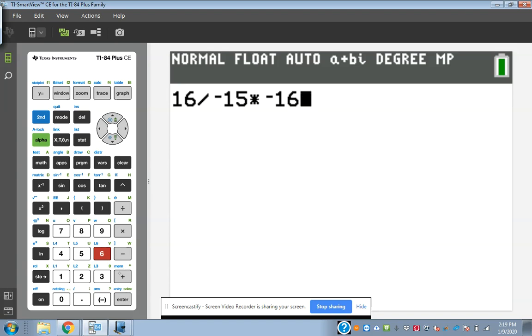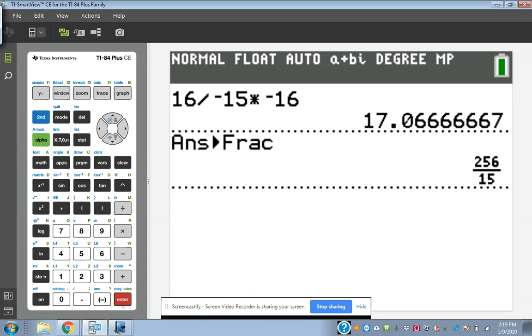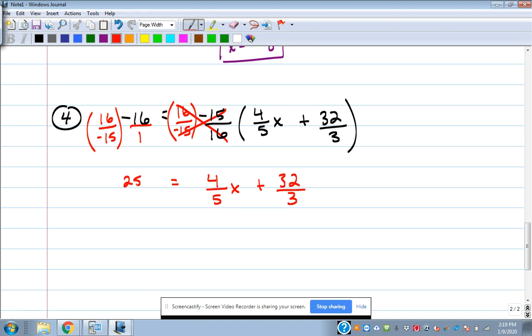That 16 divided by negative 15 was the fraction that I'm multiplying by, and I'm multiplying that times negative 16. And it gives me this decimal answer back. Then to change that into a fraction, I hit math, enter, enter. Okay, and that's 256 over 15. And I'm just going to put the negative out in the front there.